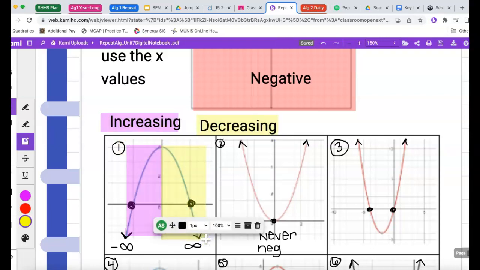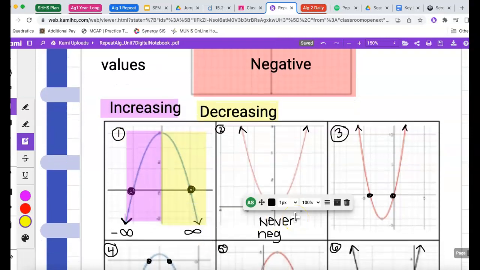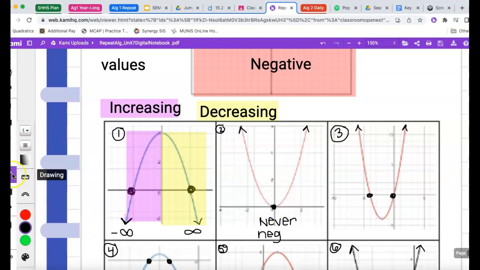So the purple is where it's increasing. The yellow is where it's decreasing. So you're going to use your color and your yellow to match mine. So my increasing is all of this purple portion here, from -infinity to this vertex point of 0.